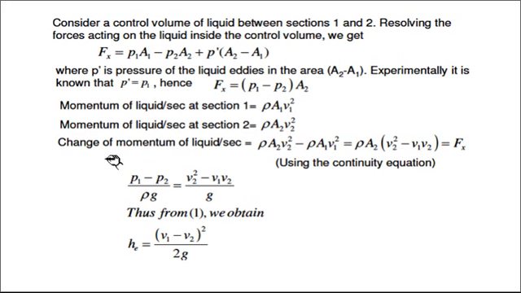Therefore, the change of momentum of liquid per second is given by subtracting this value from this one. We have rho A2 V2 square minus rho A1 V1 square. Now by Newton's second law of motion, the net force is equal to the rate of change of momentum.